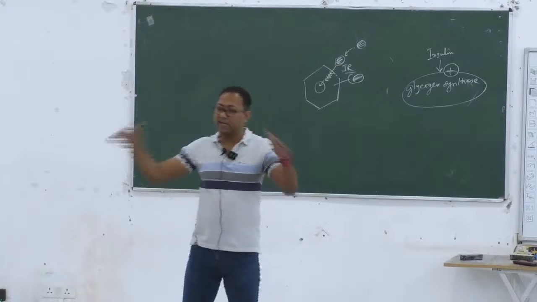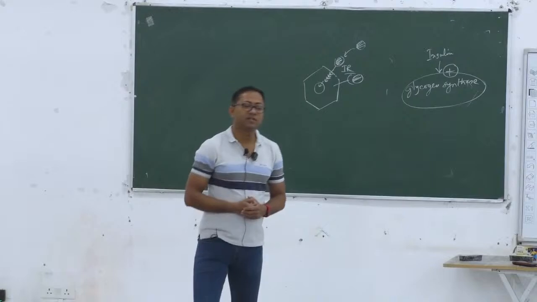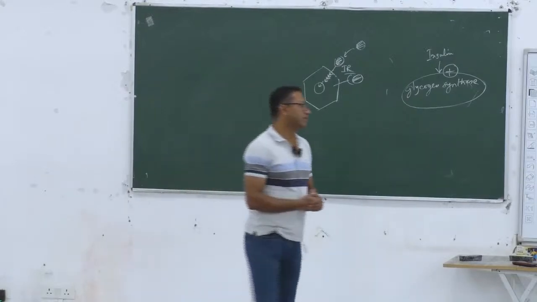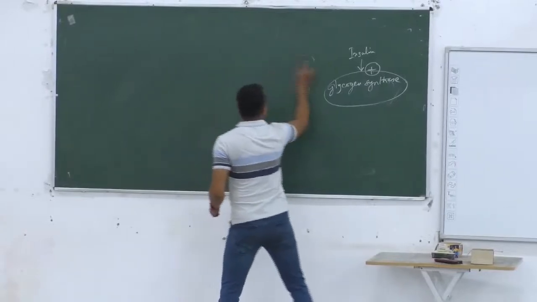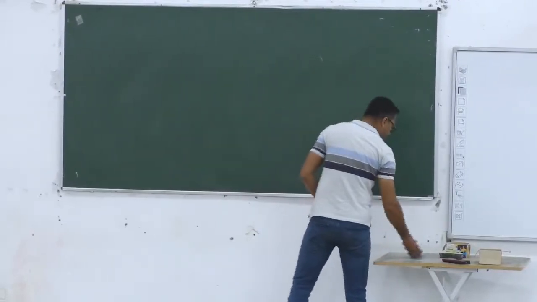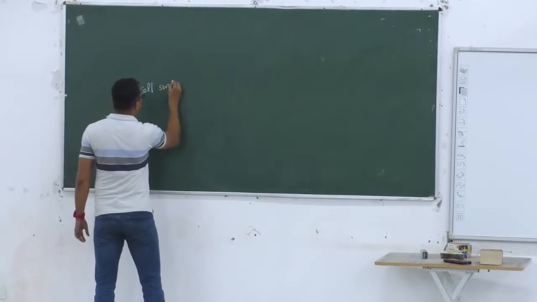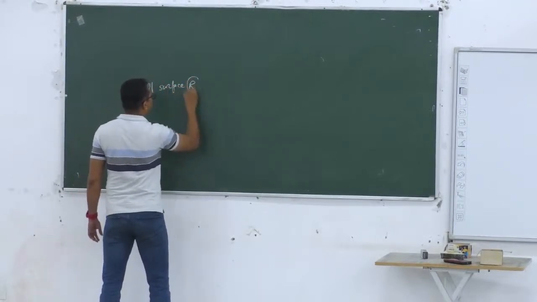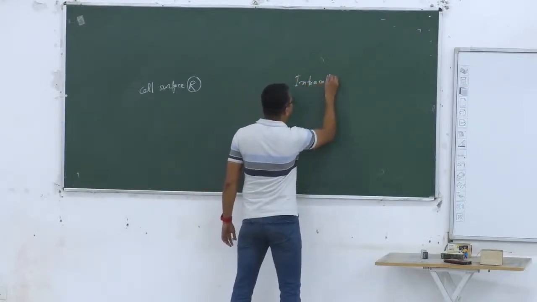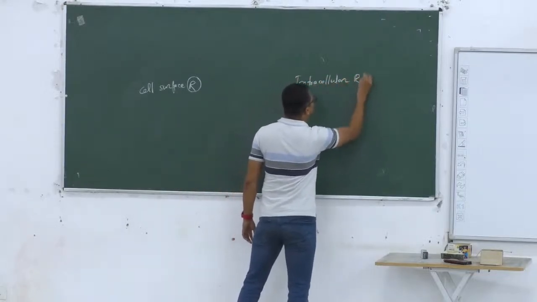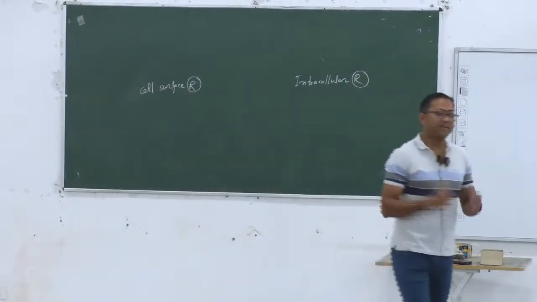So write receptor and divide it into two: cell surface receptor and intracellular receptor.